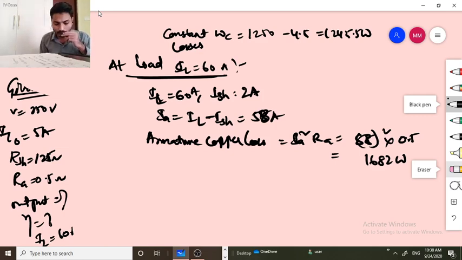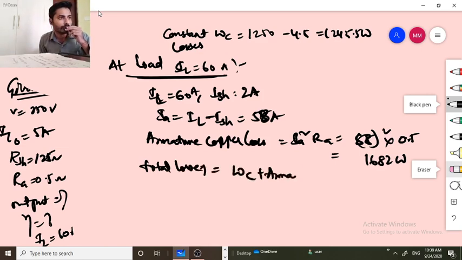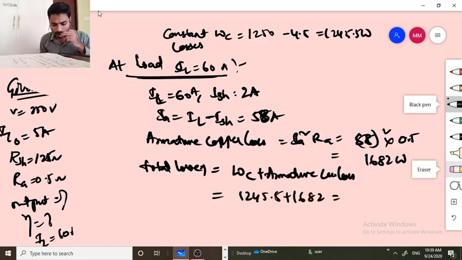So this is the armature copper loss. Now calculate total losses. Total losses is equals to constant plus armature copper loss. So constant loss is 1245.5 plus armature copper loss is 1682. So the total value is 2927.5 watts. So total losses we obtain.